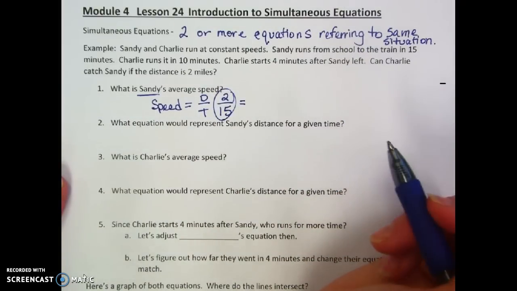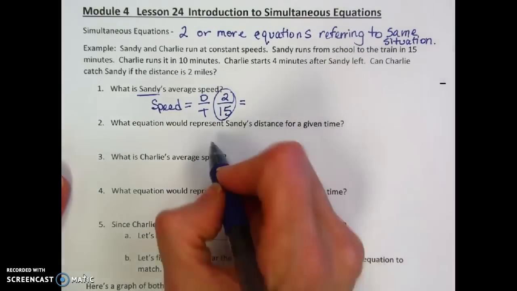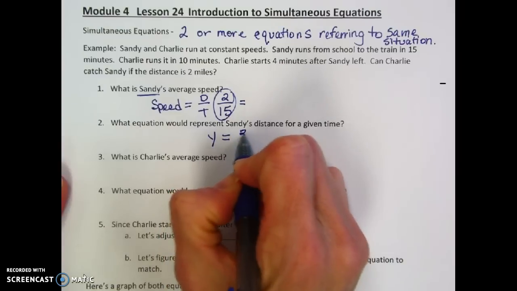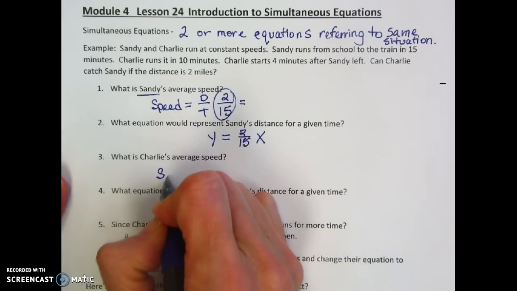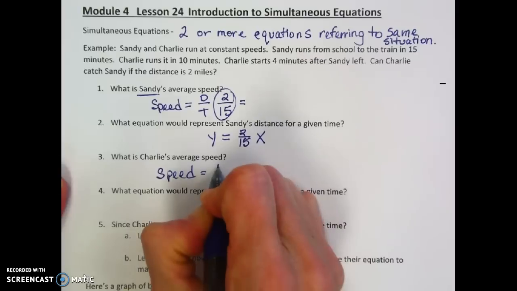So what equation would match for Sandy? Well, y equals 2/15 x. So any amount of time x that I put in here, I will be able to calculate the distance y that she goes. All right, now we're going to do Charlie's speed. Speed is still distance divided by time.